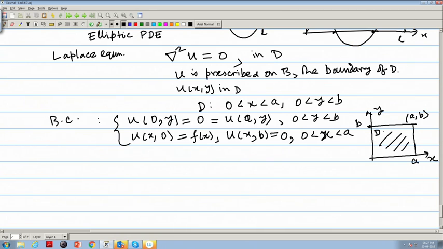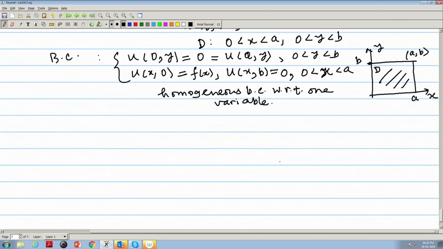We need to find u at the interior points. One of the boundary conditions should be homogeneous with respect to one variable. Without that it is also possible, but there are some tricks to be applied.